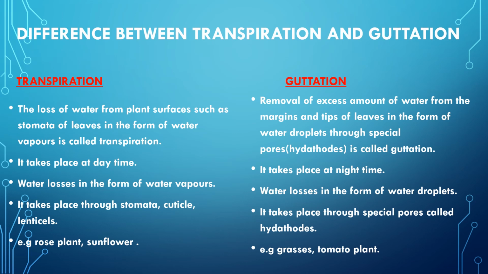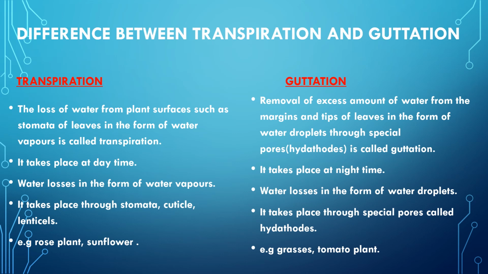Transpiration is the loss of water from plant surfaces such as the stomata of leaves in the form of water vapors, while guttation is the removal of excess water from the margins and tips of the leaves in the form of water droplets through special pores known as hydathodes. Transpiration takes place at daytime while guttation takes place at nighttime.